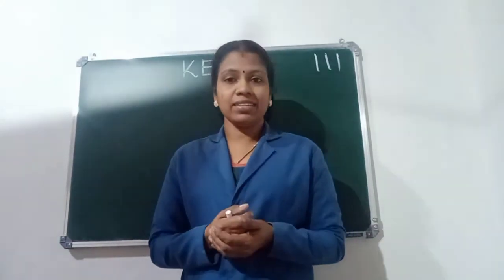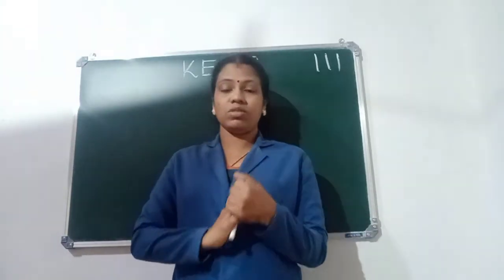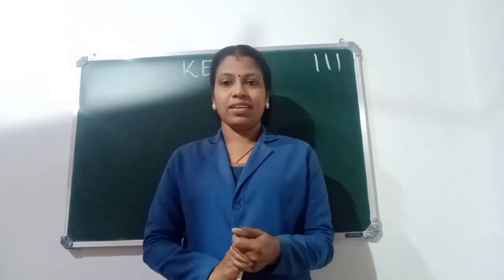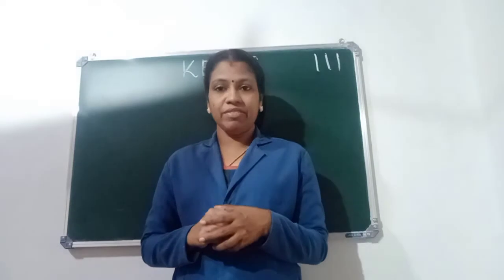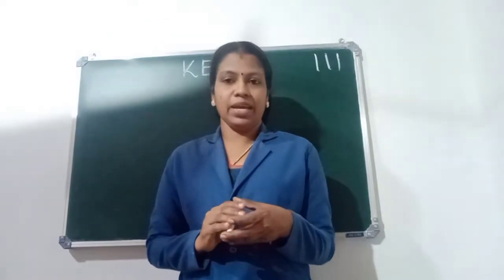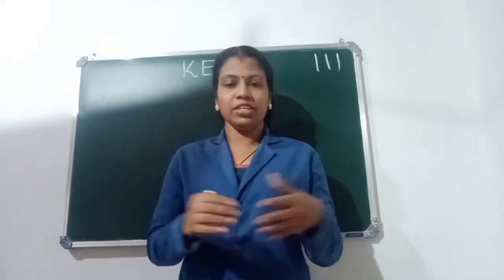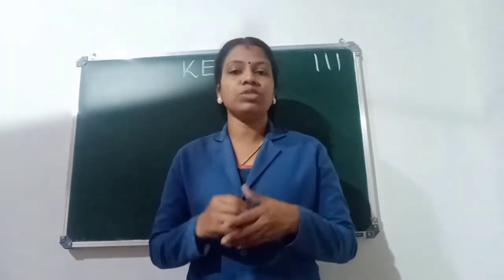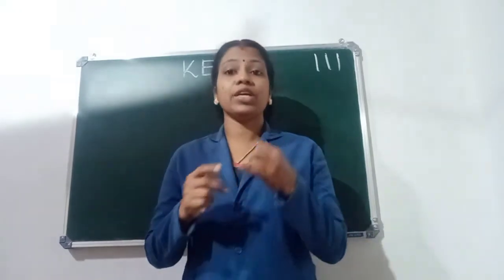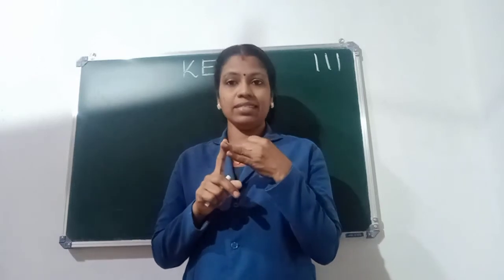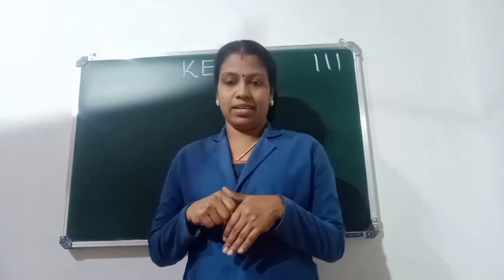They have edges, corners and faces also, and they are three-dimensional figures. There are many shapes, but in your third standard, you have to learn the 5 basic shapes such as cube, cuboid, cylinder, cone and sphere.